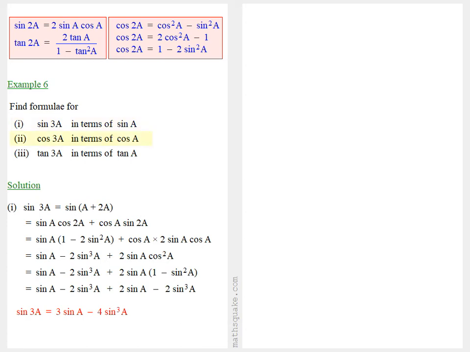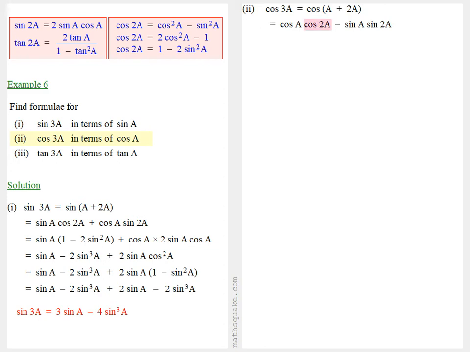Now in part 2 we're asked to find the formula for the cosine of 3A. Well, we have the cosine of 3A can be written as the cosine of A plus 2A, which is cos A cos 2A minus sin A sin 2A.